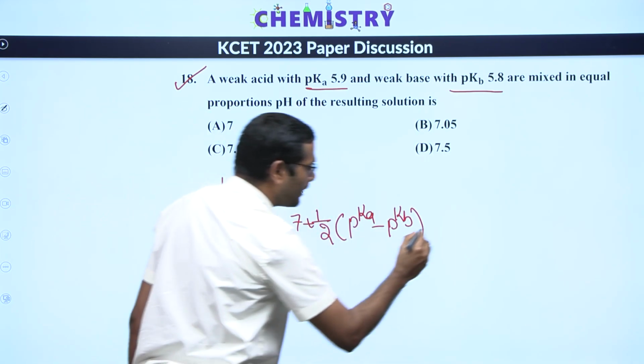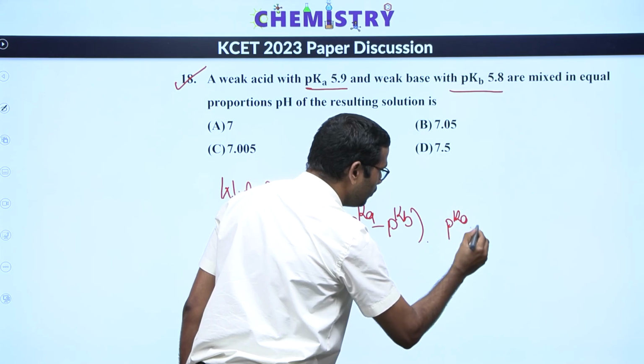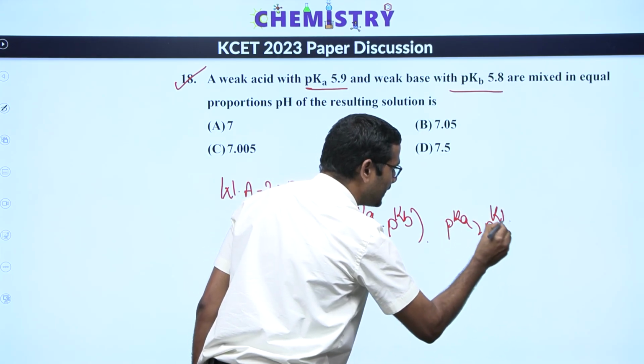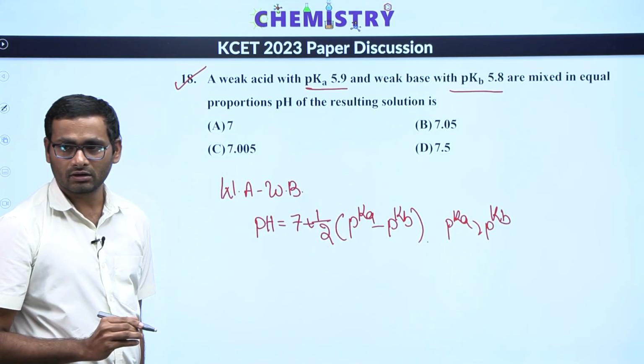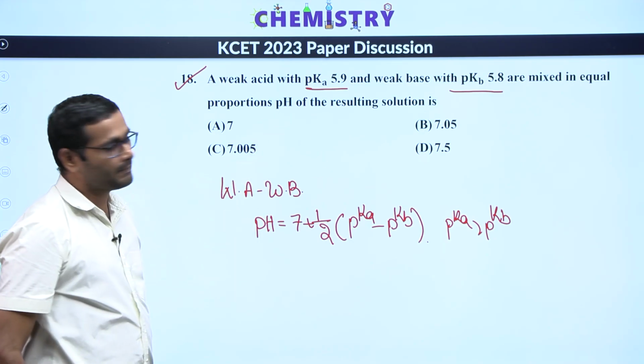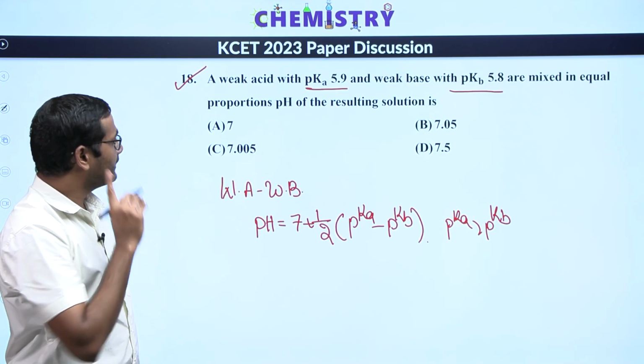When do we use this formula? When the pKa value is more than the pKb value. So the given is 5.9, 5.8. Yes, obviously pKa is more.